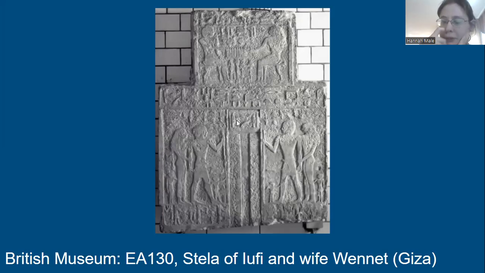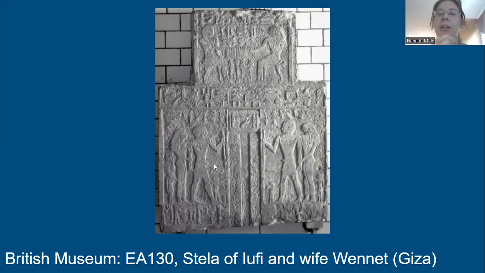So starting in the Old Kingdom, but even more in later periods, the stele will not just have the husband and wife, but it'll have the family group as a whole. And so this is one of the ways that you can get at relatives and how family groupings were conceived in ancient Egypt as well.